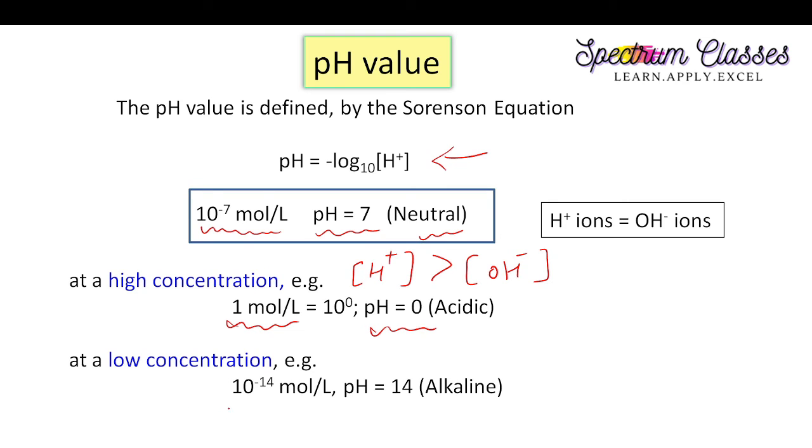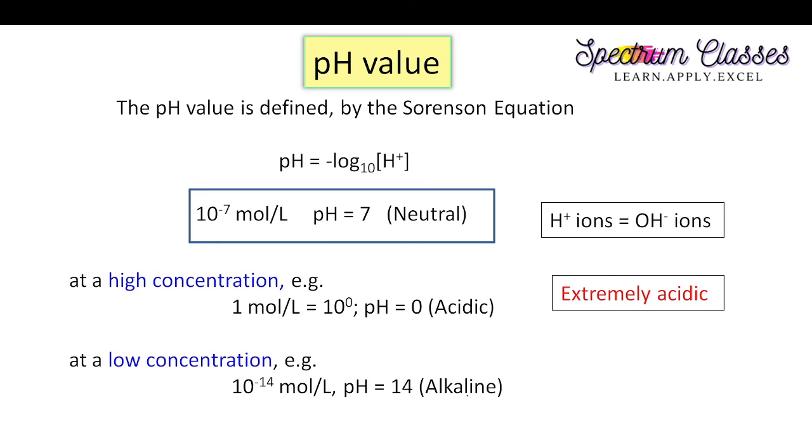Similarly, if I have very low concentration of H plus ions, so here H plus ion concentration is less than OH minus ion concentration, then we are getting this pH value as 14, because here we are having minus 14 on putting the value in this equation. So this is called alkaline, or we can say basic in nature.